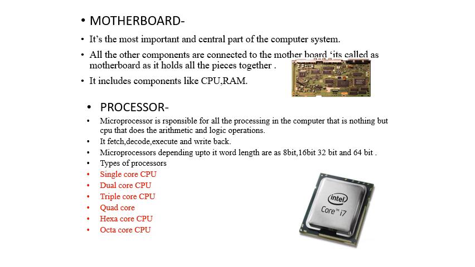So we call it a motherboard. Okay, then what does it include? It includes CPU, RAM, ROM, all sorts of memories present in the computer system, which will be held inside the motherboard itself, connected and processed through the motherboard itself.